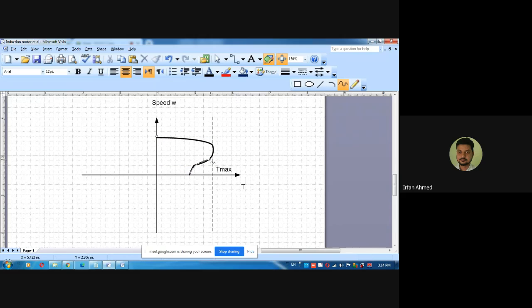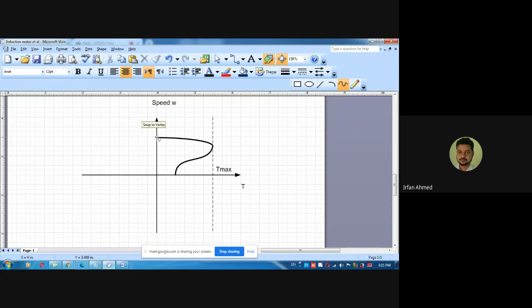Approximately, you can say it is like this. This is the speed torque characteristics of the induction motor without any external resistance.